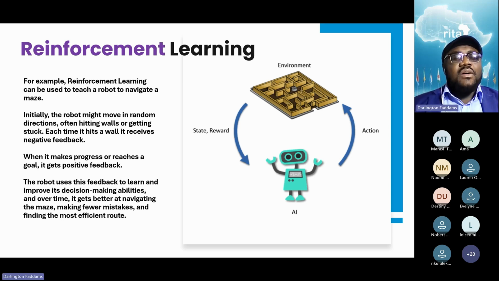Each time it hits a wall, it receives negative feedback. When it makes progress or reaches a goal, it gets positive feedback. The robot uses this feedback system to learn and improve its decision-making abilities. Over time, it gets better at navigating the maze, making fewer mistakes, and finding the most efficient route.